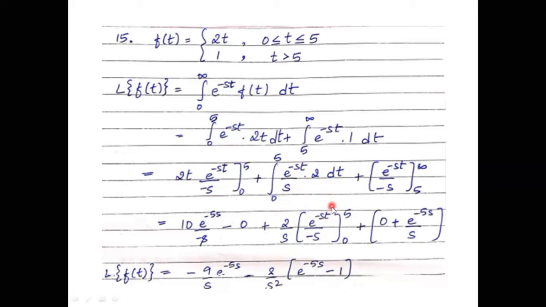The derivative of this is minus s, and you have divided by that. In between the limits 0 to 5, plus the upper limit here is 0, the lower limit with this minus sign becomes plus, e power minus 5s divided by s.